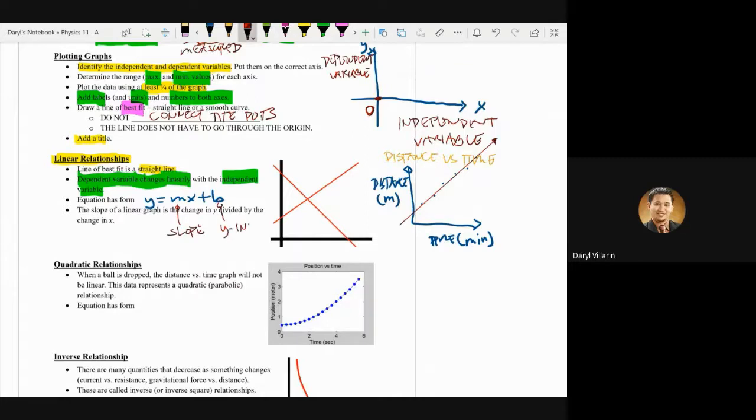These are two examples of linear graphs. The first one gives you a positive slope, and the other one gives you a negative slope. This line here is your negative slope.